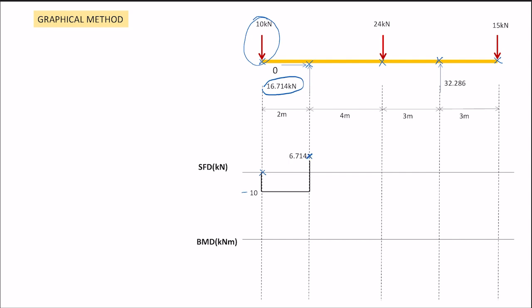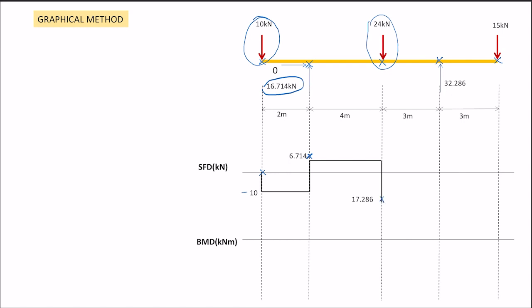Next, there is no force at all for the next 4 meter. Therefore, straight sahaja. Then, after that 4 meter, you see there is a 24 kilonewton force turun ke bawah, meaning you have to minus with 24. 6.714 minus 24, you will get negative 17.286.